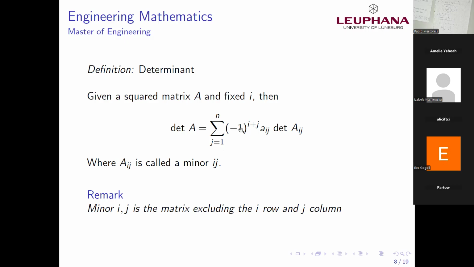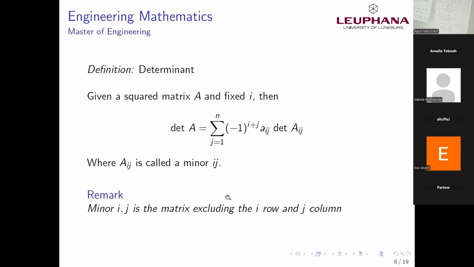Look, please: minus 1 up to i plus j, which multiplies a_ij, times the determinant of this. Oh, it seems to be a contradiction, because I use on the left the same operator as on the right, but it's not exactly the same, because here I am using the minor.